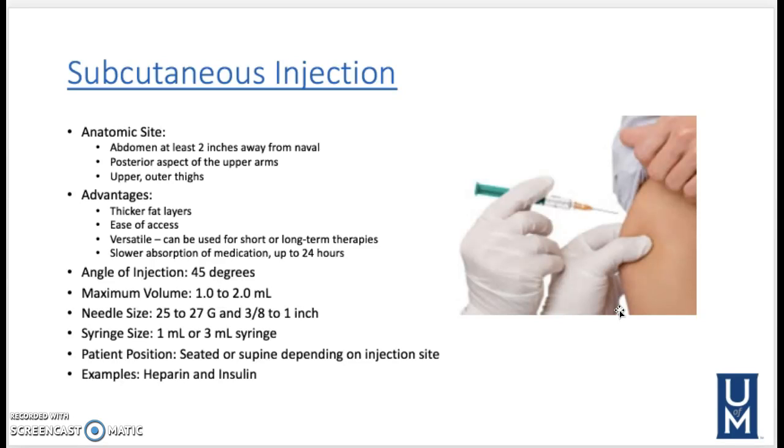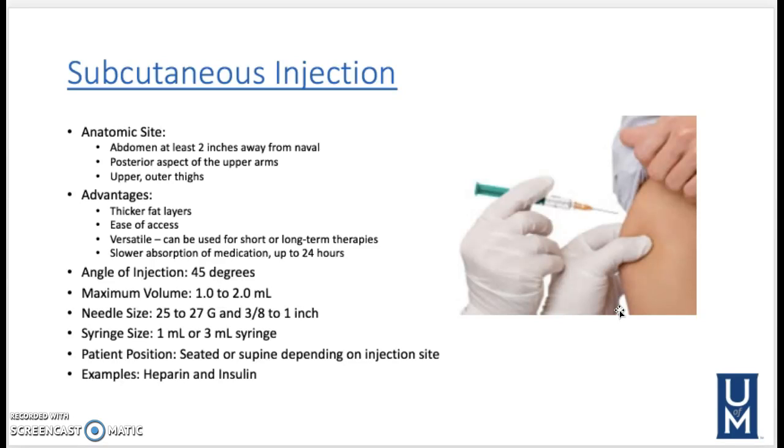Maximum for these sites. The needle size, 25 to 27 gauge. Remember, the bigger the number, the smaller the needle. 3/8 to 1 inch. Remember, with our intradermal, it was only 3/8 to 5/8 inches. Here we can go up to 1 inch because we're going a little bit deeper than an intradermal needle will need to go. However, we don't need to get to that muscle, so we're not going to use a very large, long syringe.